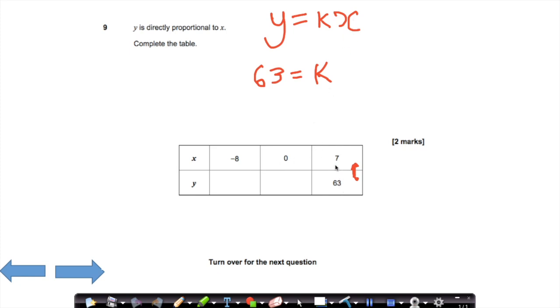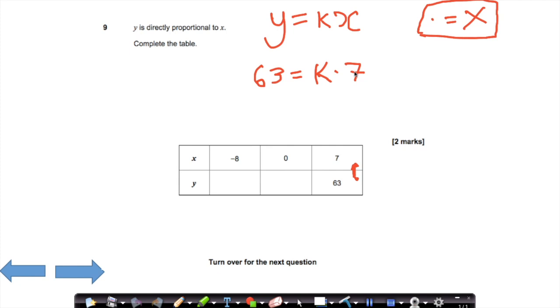Well, the x value for when y was 63 in this equation was 7. So it's k times 7. Let's do a dot, which means times. I try and do my x's like that if I'm talking about algebraic x's, but a dot may be easier to understand at the moment. It just means times here.